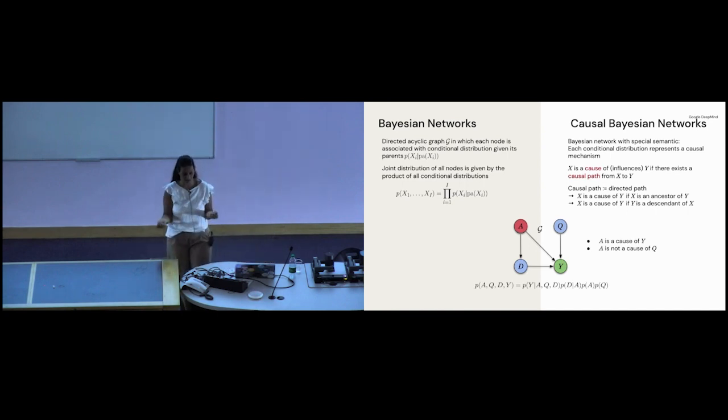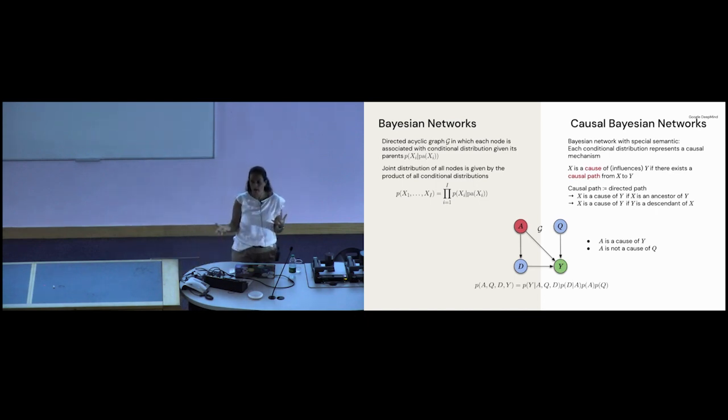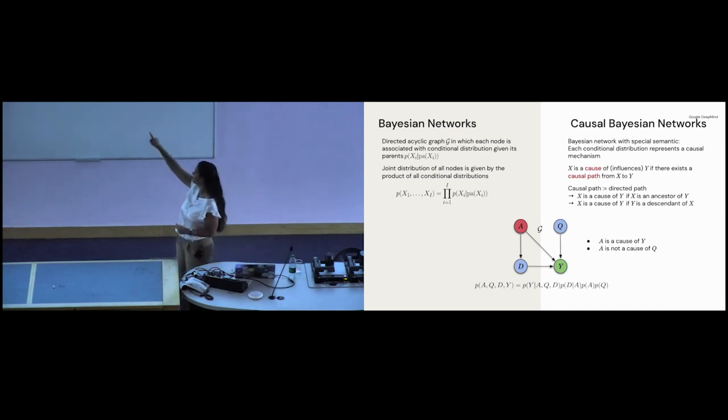So we speak about x being a cause of y if x is an ancestor of y, or if y is a descendant of x. So we look at the ancestral relationship in this graph to identify whether there's a causal effect between two variables. For example, in this graph here, you see that A is a parent of y, so it's a cause of y, but A is not a cause of q, because it's not an ancestor or a parent of q.